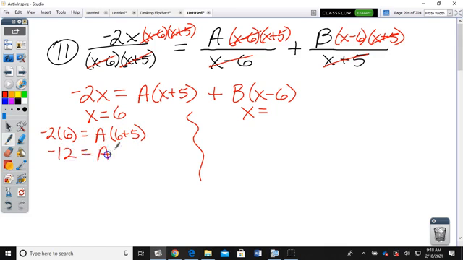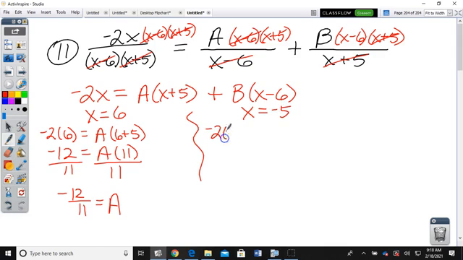Another ugly fraction. But ugly fractions are numbers too. So A is negative 12 over 11. What do we let x be to get rid of A? Negative 5. That would make 0.